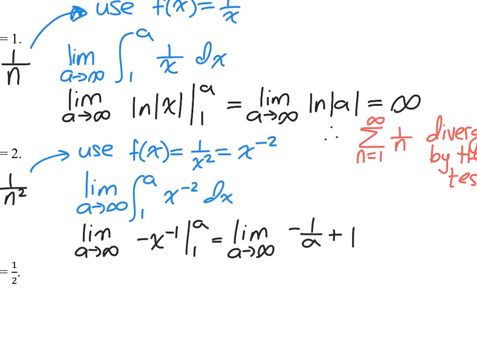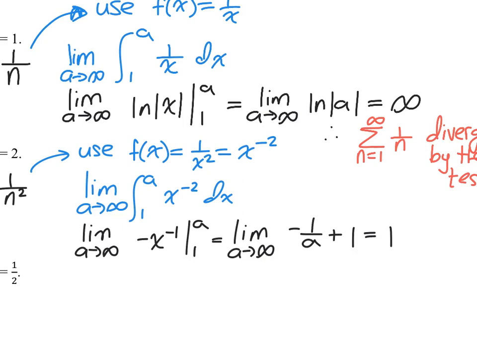With the integral test, we're looking for a finite value. Get a finite value, we're good. You don't, it diverges. So in this case, it's going to converge to equal 1 because plug in infinity for a here. Negative 1 over an infinite value is going to get very, very close to 0. So the closer you get to infinity, that moving target infinity, the closer the result will get to 0. And then 1 is a constant, limit of a constant is a constant. So 0 plus 1 is 1.